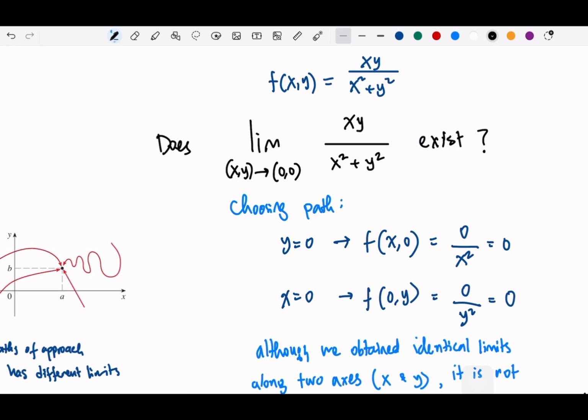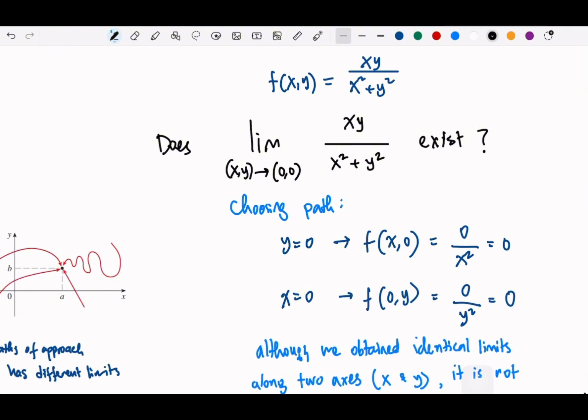You may try a parabola for the path, or another line. Not only y equals x, you could also try y equals mx, or some other equation.